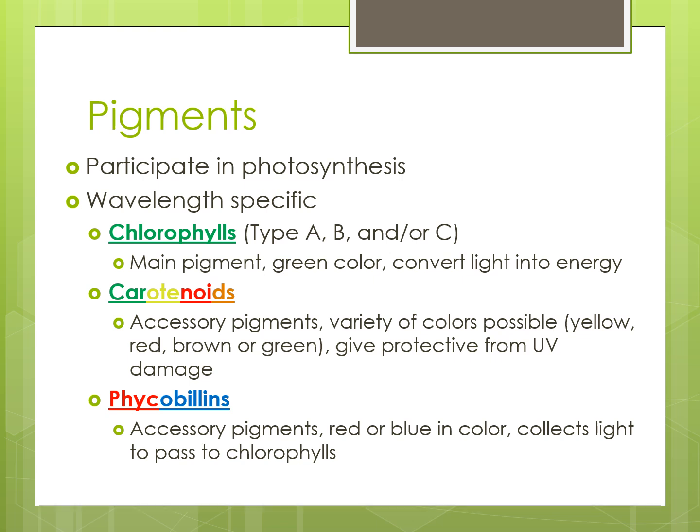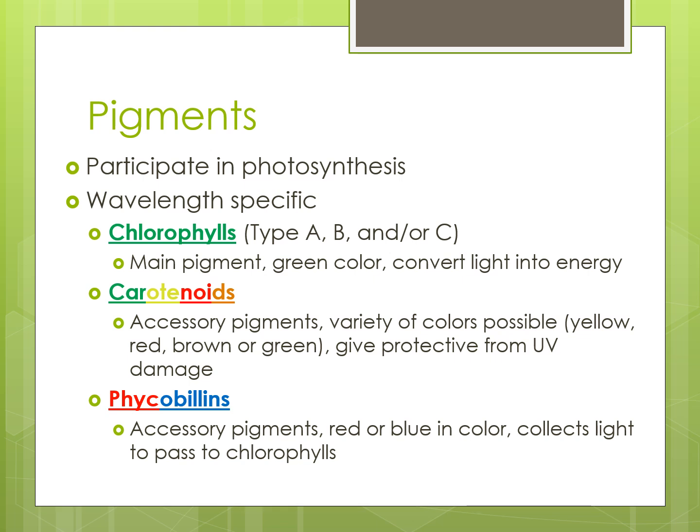So the first one you've probably heard of. These are chlorophylls. So you have type A, B, and or C that can be included in our algae. These guys are going to typically be green. The main pigment is green. And their big purpose is to convert that light energy into food energy.